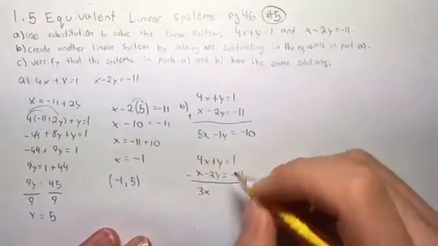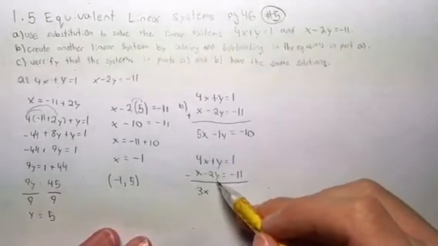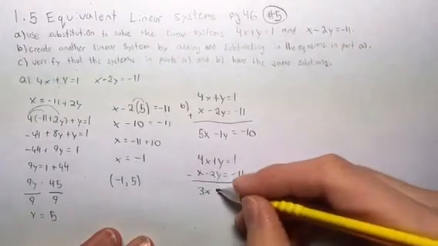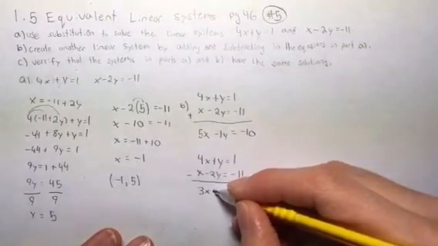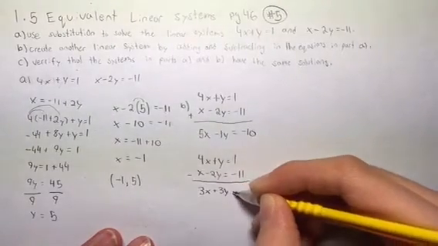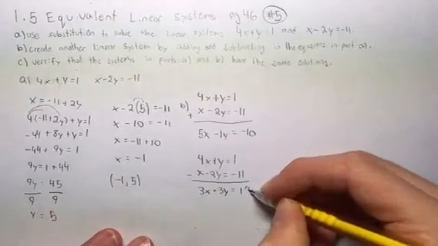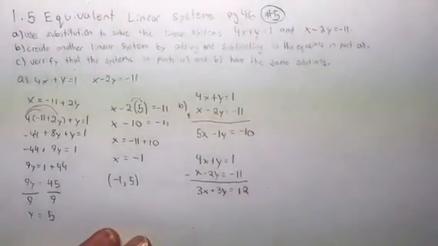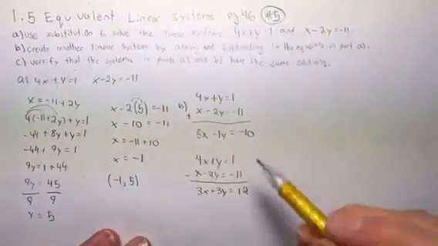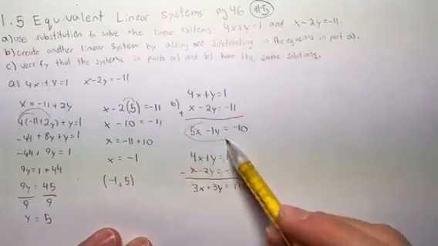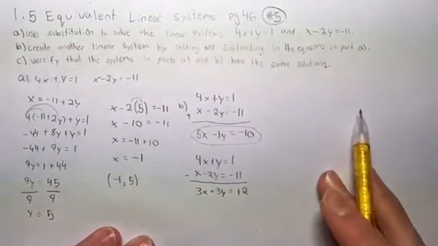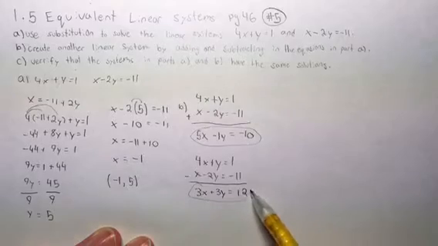And then 1y minus negative 2y equals 3y. And then finally 1 minus negative 11 equals 12. Okay, so these are our two new linear equations by adding and subtracting.